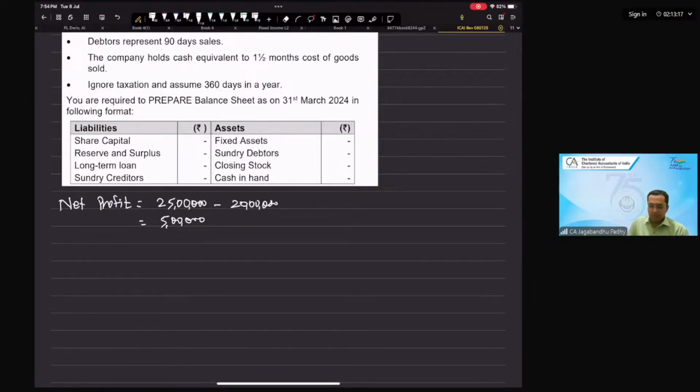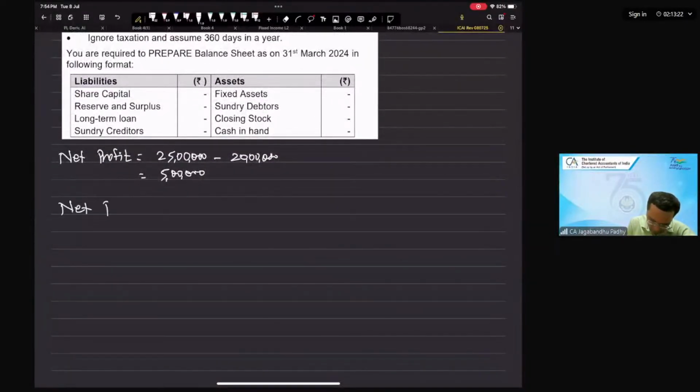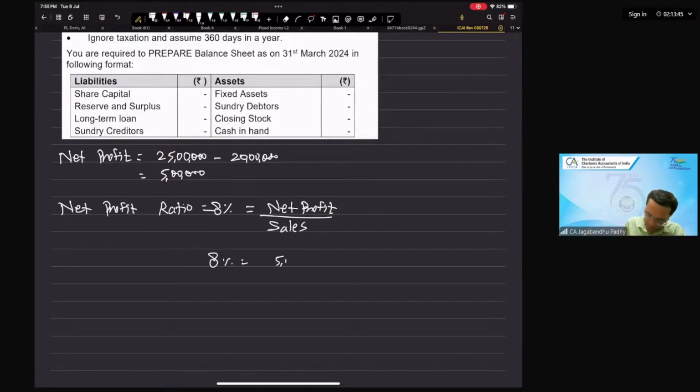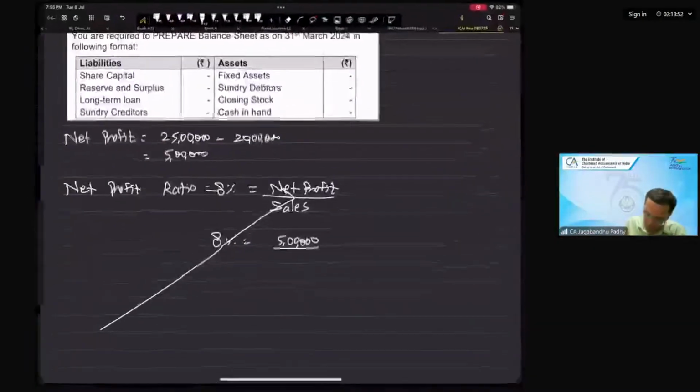Now the question is giving us the net profit ratio to be 8%. And this is computed as net profit upon sales. So 8% is net profit of 5 lakh upon a sales figure, which we are definitely not aware of.